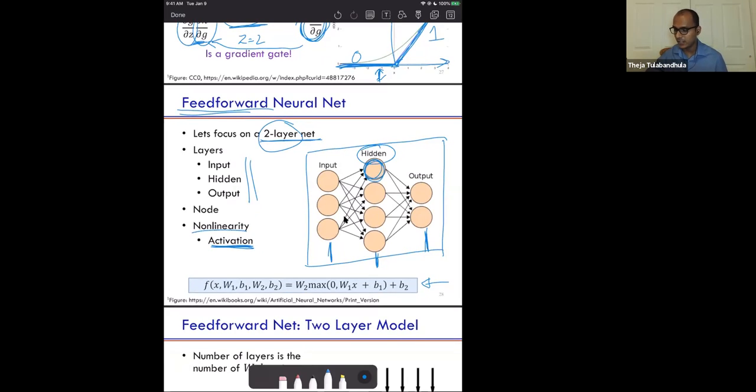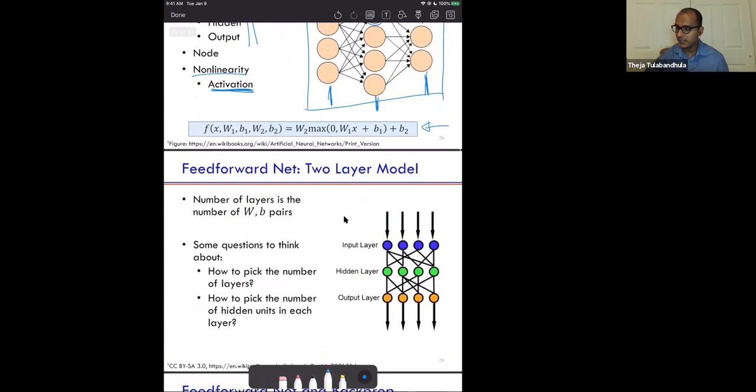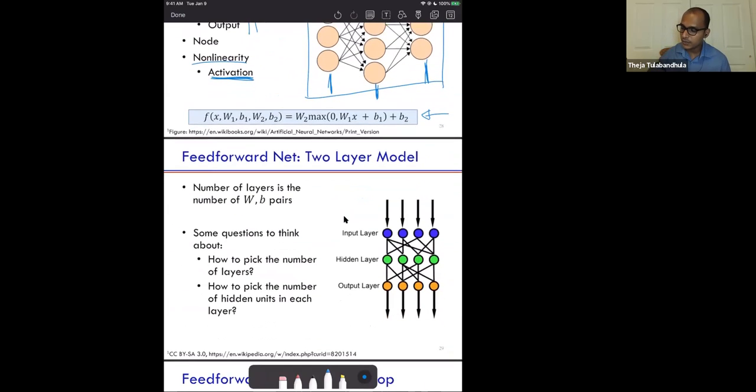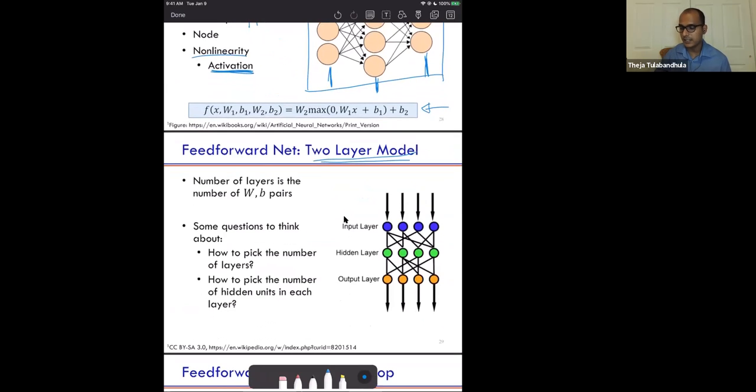So we're going to talk about that right now. In this two-layer model that we have as a running example, I'm saying it's two layers because I'm parameterizing it using one set of parameters and another set of parameters. So you can think of that as representing the number of layers.